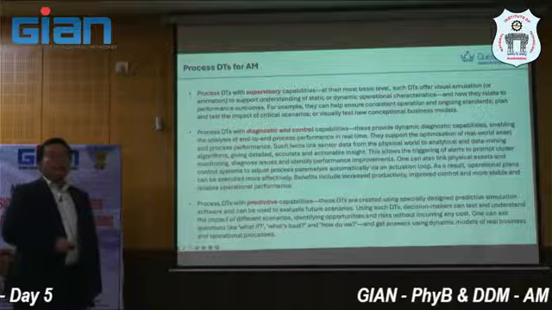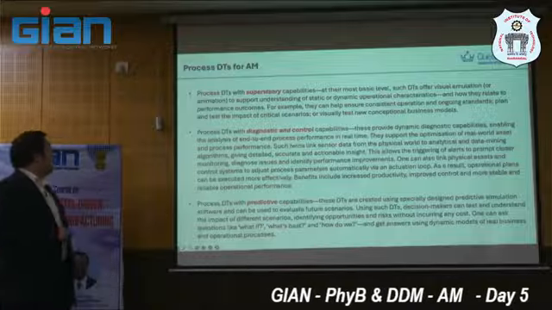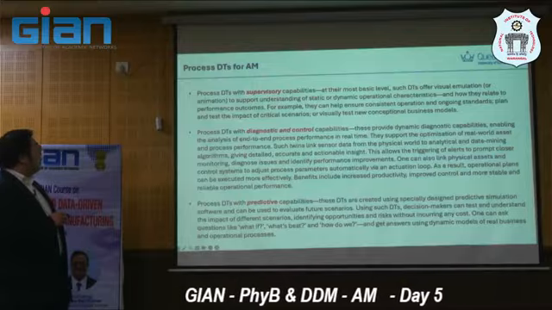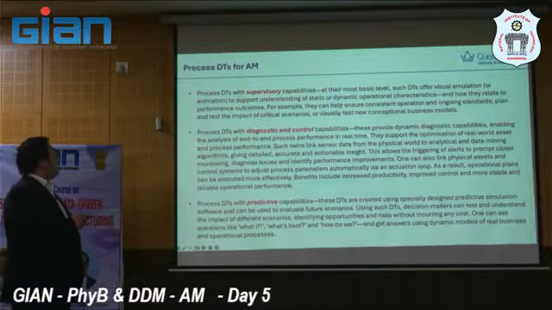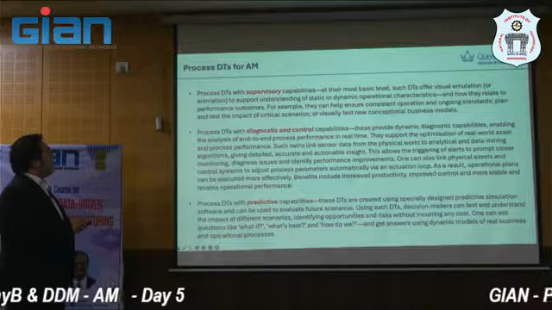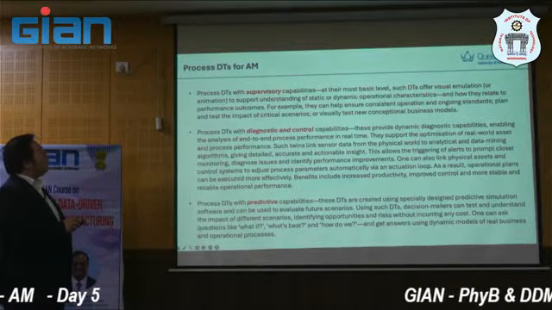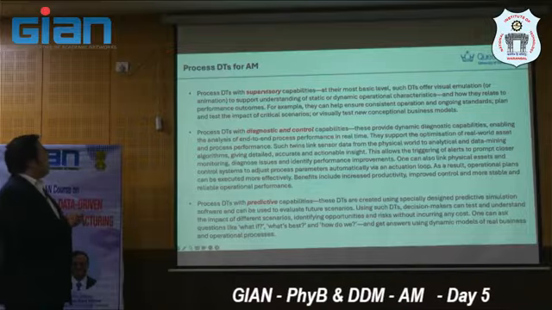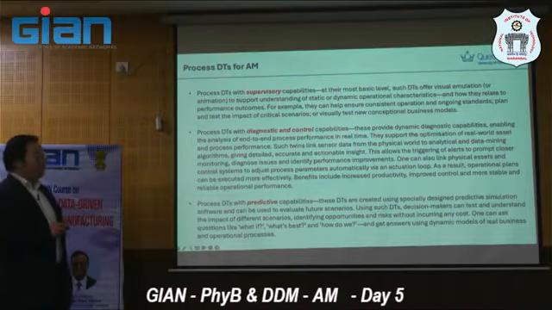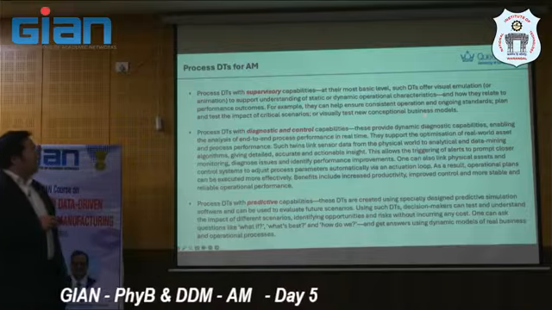Another characteristic for the process digital twin for AM is the supervisory capability, where you can use the digital twin to offer virtual emulation or animation to support understanding of static or dynamic operation characteristics.